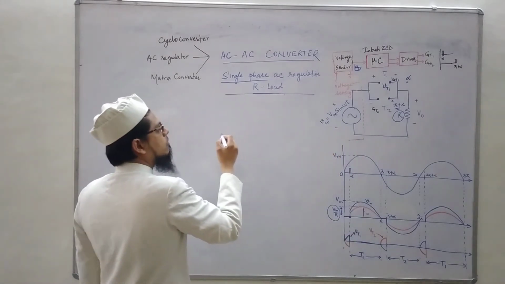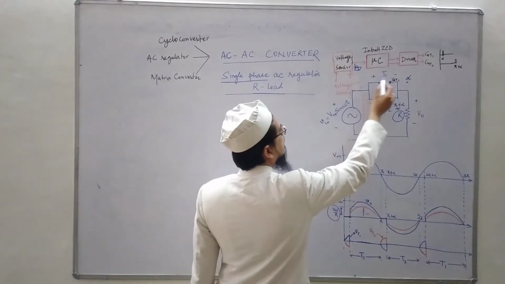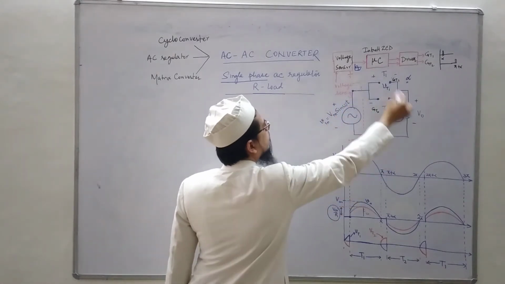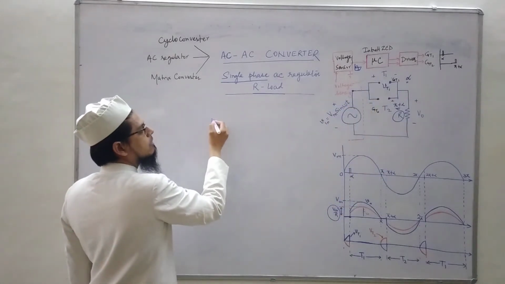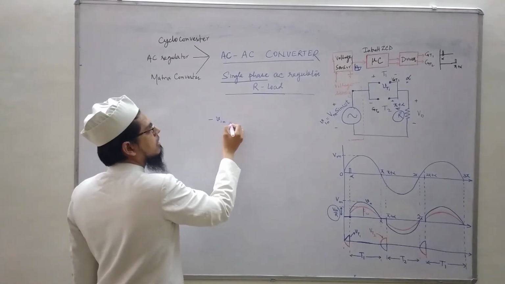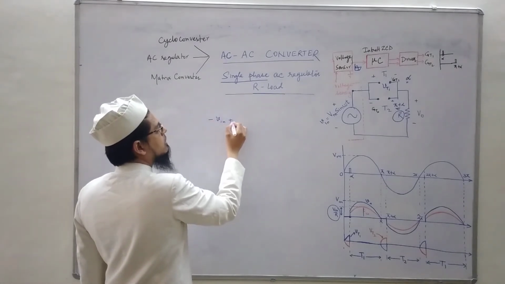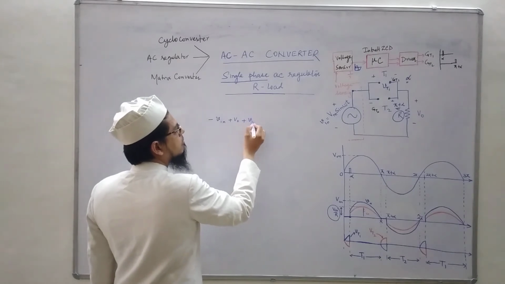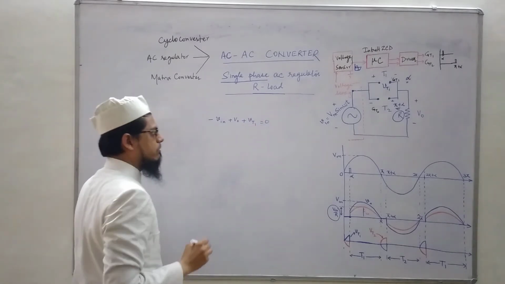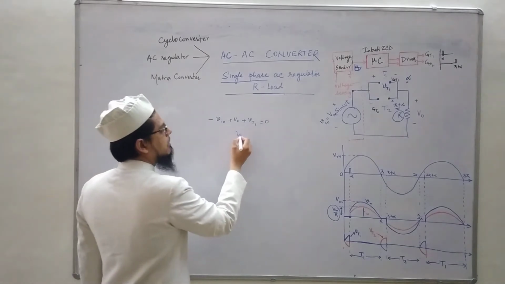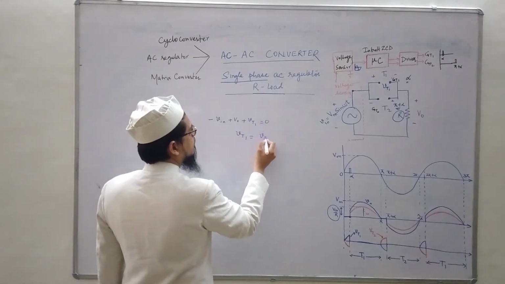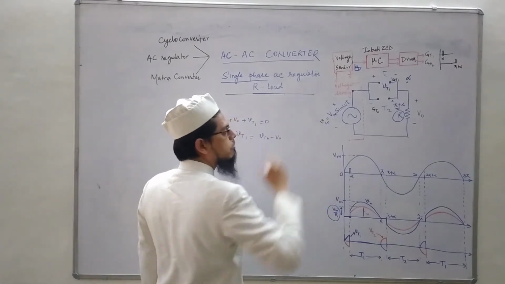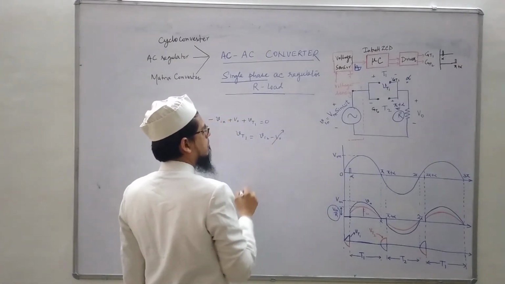If I write down KVL in this loop, starting from here and going like this, minus Vin, then I have this voltage which is plus VO, and then plus VT1, and this is equal to 0. So VT1 is equal to Vin minus VO. Now from 0 to alpha, the output voltage is 0, so this is not present.